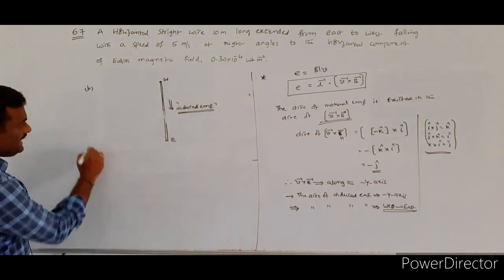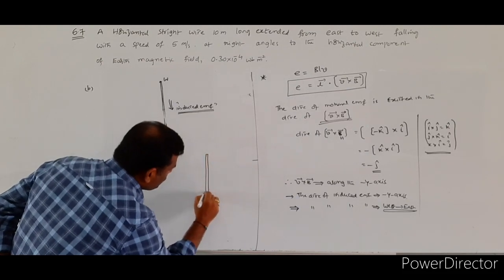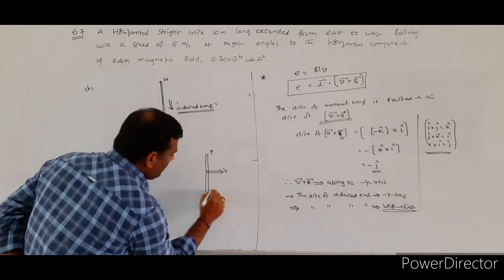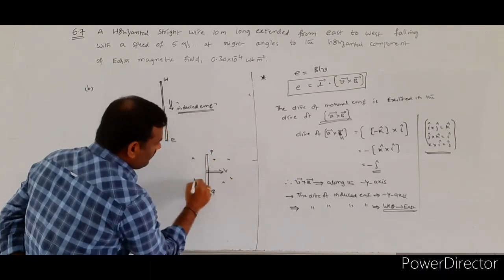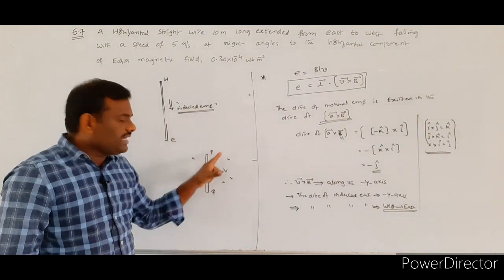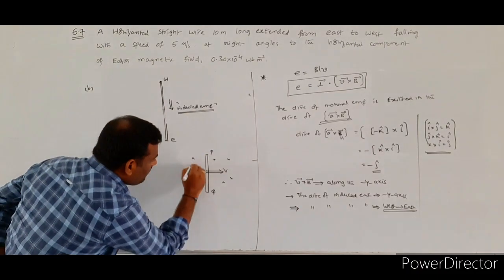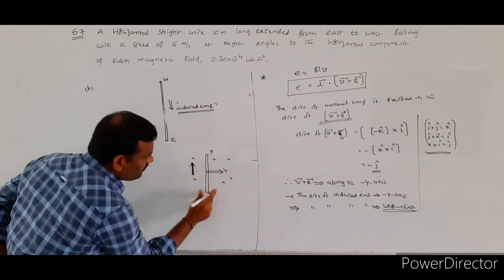While deriving the motional EMF, we drew this type of diagram. This end is P, this end is Q. If the field is acting into the plane of the paper, the induced EMF is developed across the ends of the conductor. There you told that the induced EMF direction is from where to where?